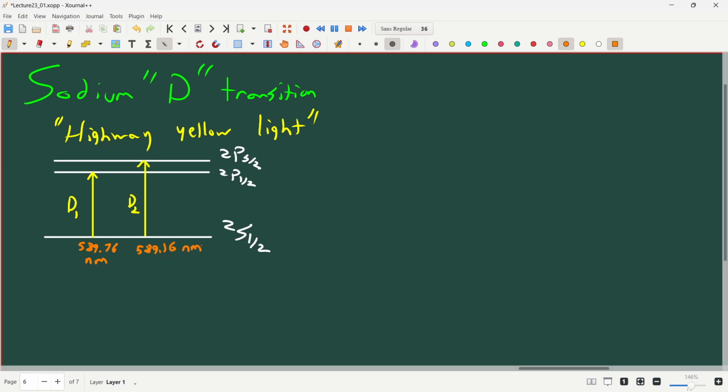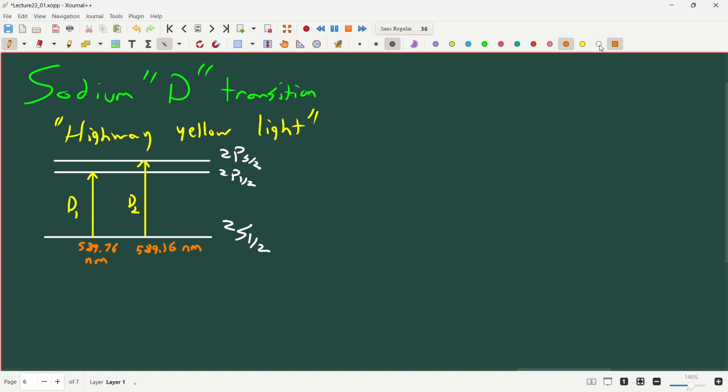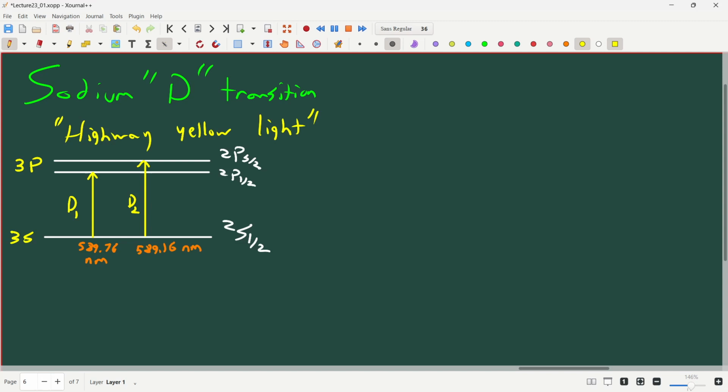Something that might be interesting: this looks like the Lyman alpha line. Well, it's not really the Lyman alpha line because we're in the 3 states. These are the 3P's, and this is the 3S. So this is the transition between the S and the P of the n equals 3 state.